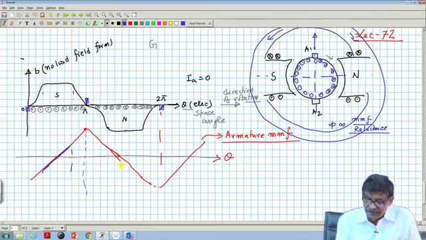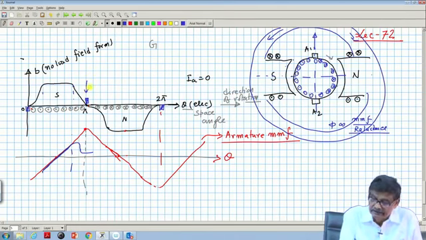It will be like this, and then the flux will decrease and have a minimum value here, because the air gap is maximum along this line.